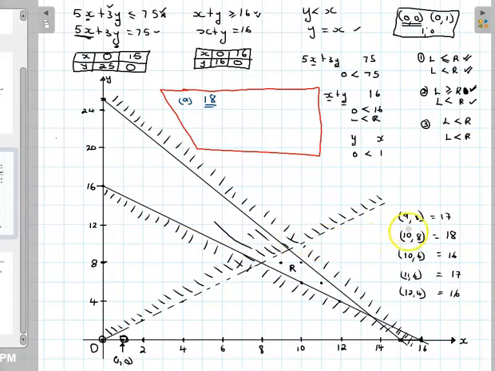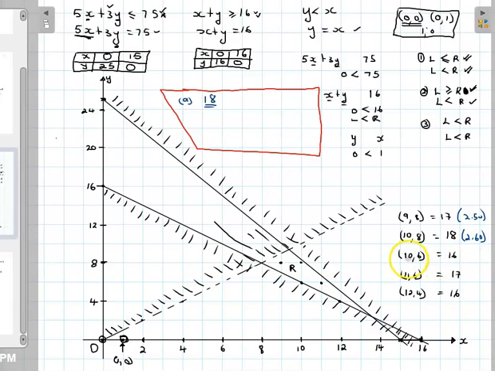So let's go back. So we know 10 cents for golf, 20 cents for tennis. Right, so now what you just need to do is just take the value of x multiplied by 10 and take the value of y multiplied by 20 and see what will this give us. That's 90 plus 160, that is $2.50. And then here we have 100 cents plus 160, this gives us $2.60.